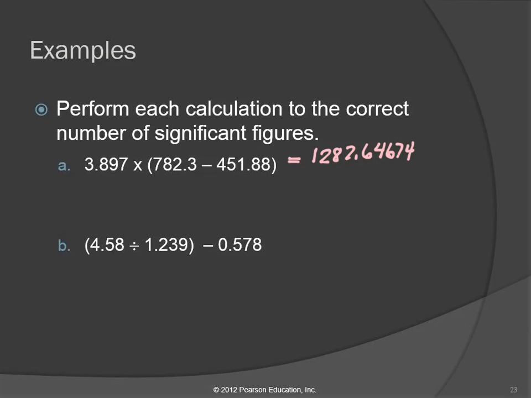We can't just look at the number of decimal places or the number of sig figs of those three numbers that we were multiplying and subtracting and figure this out. We have to look at those steps individually. We have to look at the result of this subtraction first. So 782.3, I know we're duplicating our efforts here, but it's a little more straightforward this way. So the result of that is 330.42.